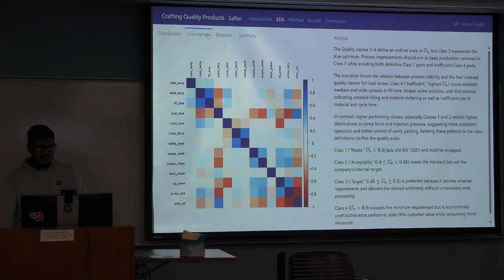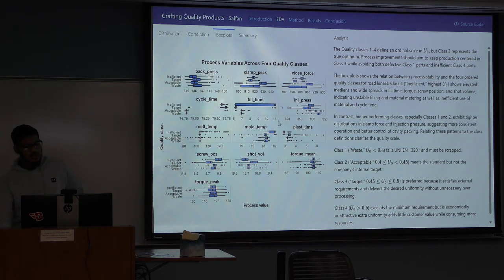Here we can also see all 13 variables showing their variance in the data set. Cycle time, fill time, and injection have very vast variation, and all the other variables have a very stable variation.